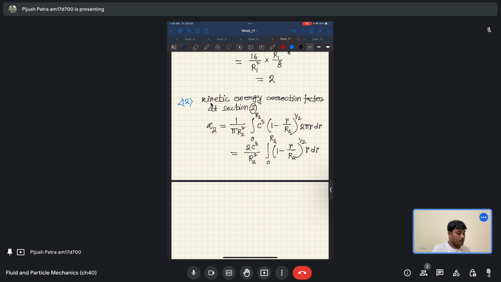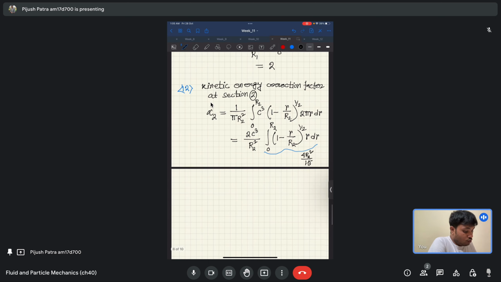Am I right here? Yes. And what is the value of this integral here? This integral has the value of 4 r2 square by 15.